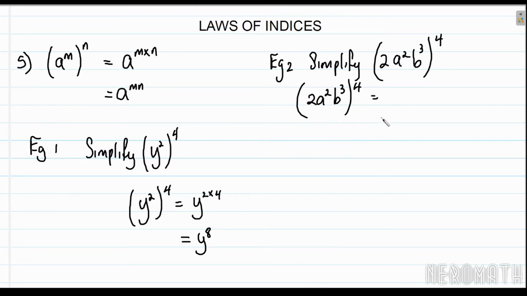So what we'll get is 2 to the power of 1 multiplied by 4, a to the power of 2 multiplied by 4, and b to the power of 3 multiplied by 4. So we get 2 to the power of 4, a to the power of 8, and b to the power of 12. Now we can simplify this further by working out what is 2 to the power of 4, and that will be 2 by 2 is 4, by 2 is 8, by 2 is 16.